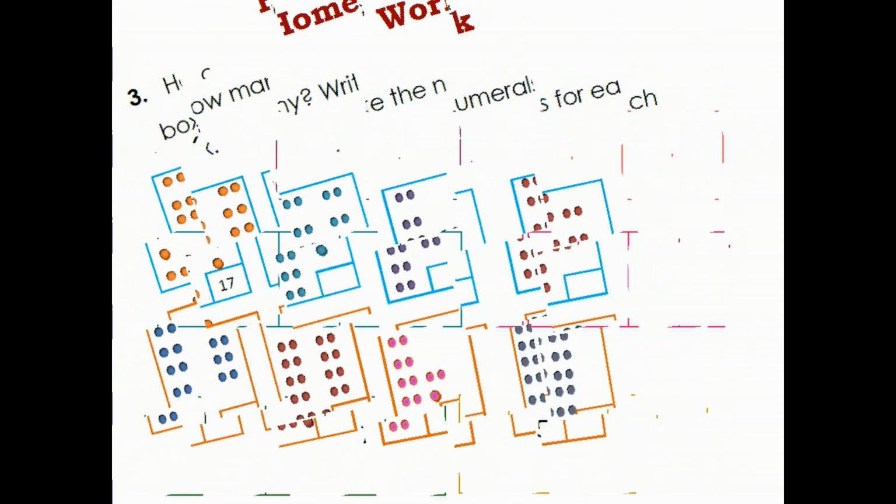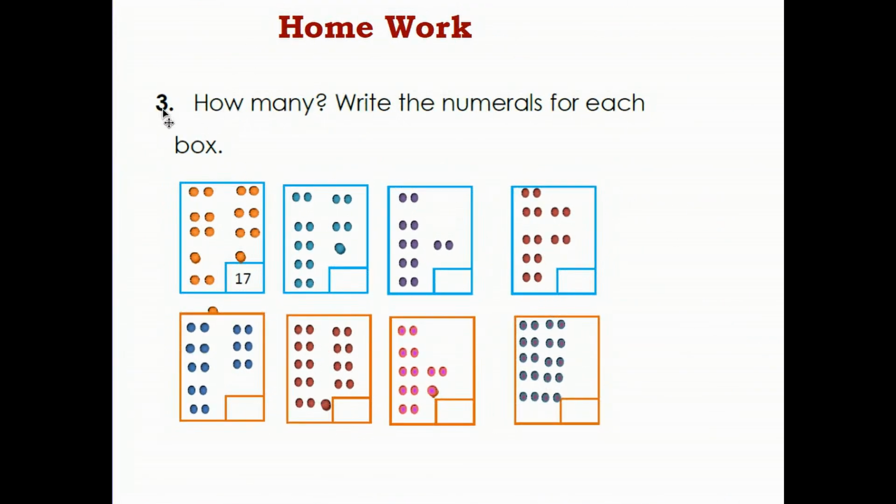From 3 up to 4, you have numbers 3 and 4. What you're going to do here is count the dots inside the box, and then you write the amount here, the numeral or the symbol. Write the numeral for each box.